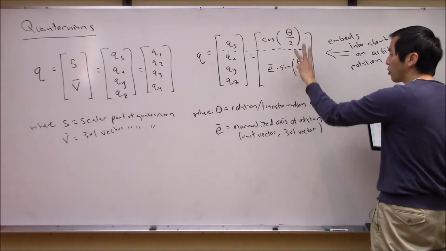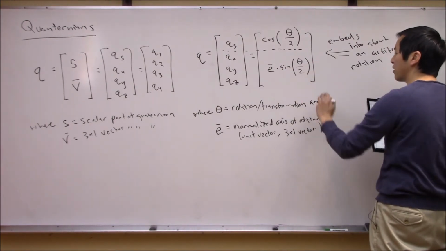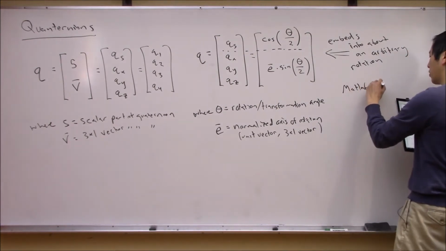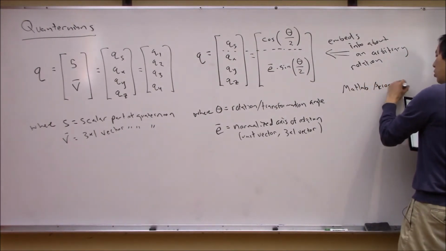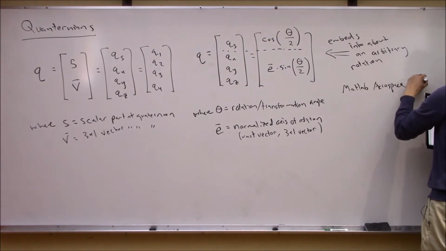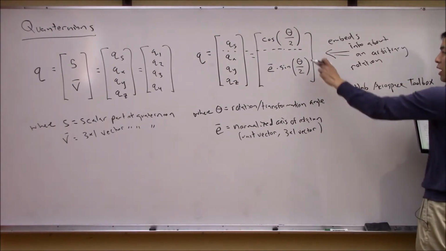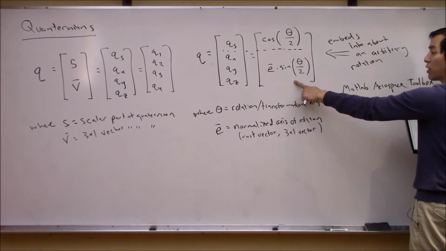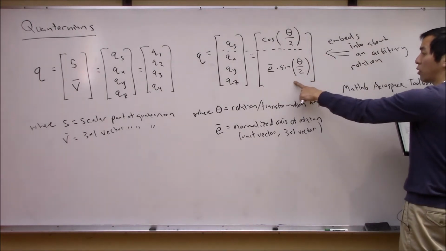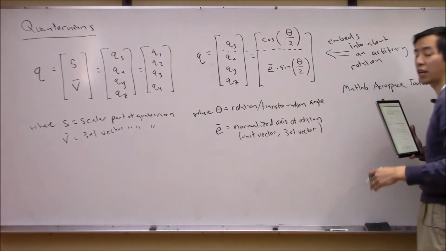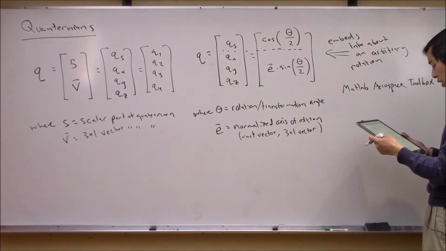But we're using this notation because it is consistent with MATLAB's aerospace toolbox. There's a lot of functionality in this MATLAB aerospace toolbox that allows quaternion manipulations. And when you see a quaternion in MATLAB, this is basically what they're doing here. So once you see a quaternion in MATLAB, you can try to extract the rotation angle as well as the axis of rotation if you like.